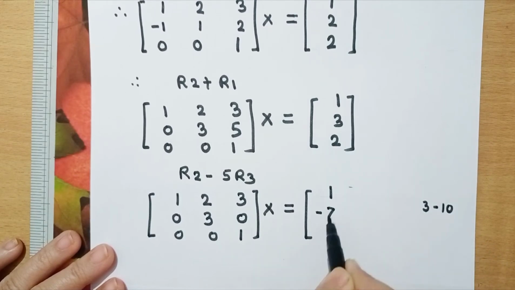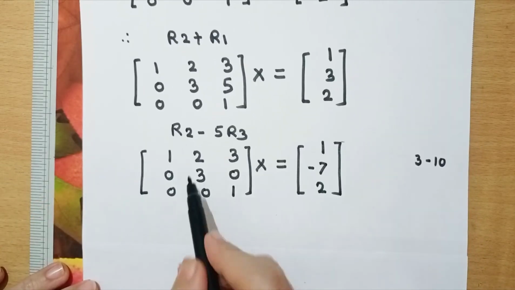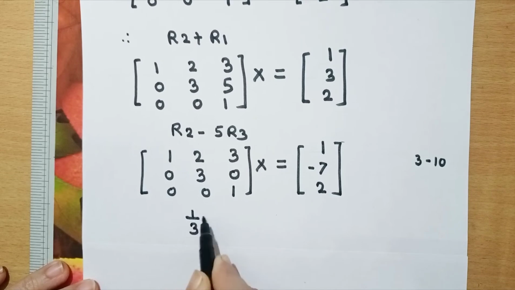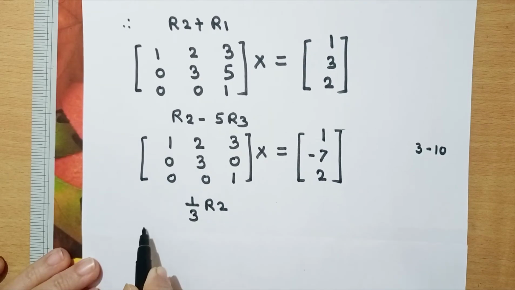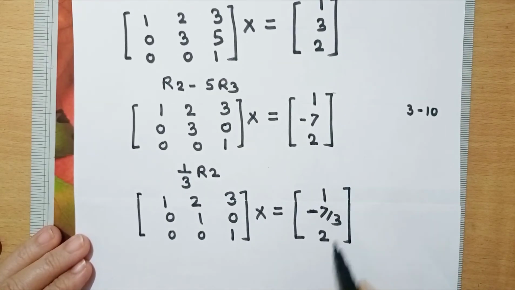So that is minus 7 and here this 2 as it is. Now we will make this element 1. So 1 upon 3 R2 gives. And here simply divide this second row by 3. So minus 7 by 3. This 2 as it is.